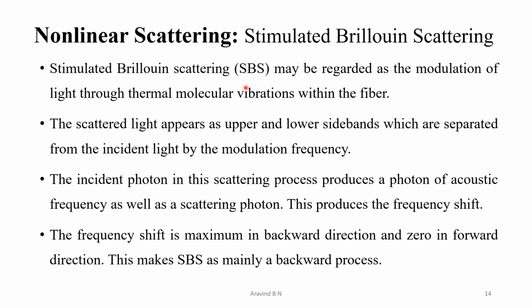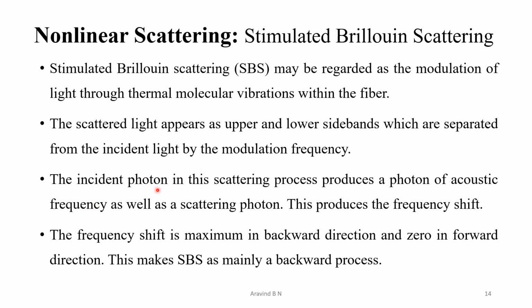Let us start with the first one, stimulated Brillouin scattering. SBS can be regarded as the modulation of light through thermal molecular vibrations within the fiber. The scattered light appears as upper as well as lower sidebands, which are separated from the incident light by the modulation frequency.